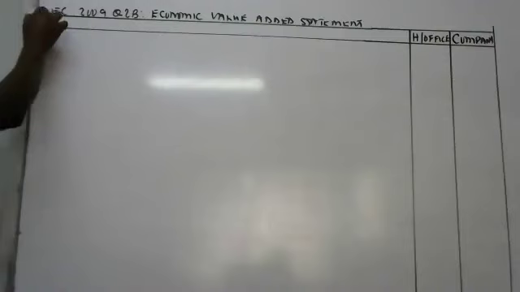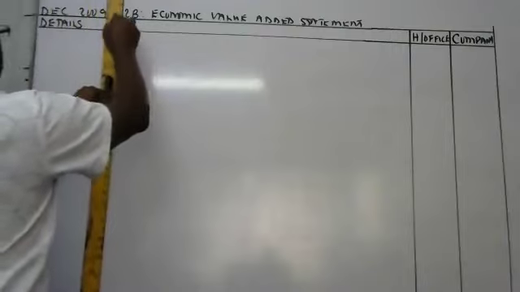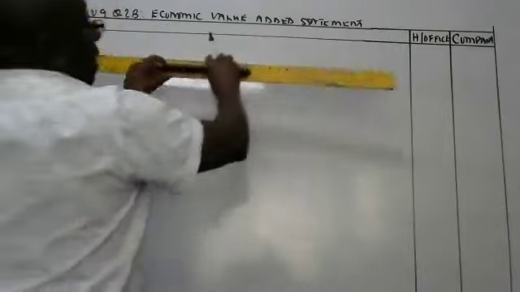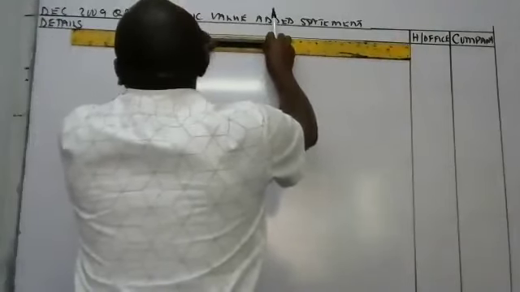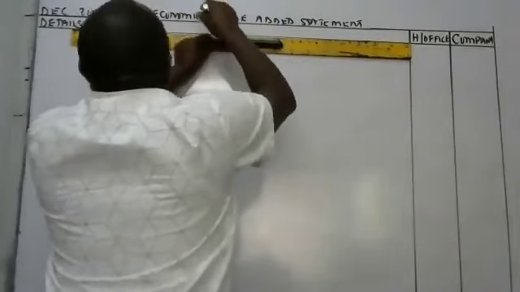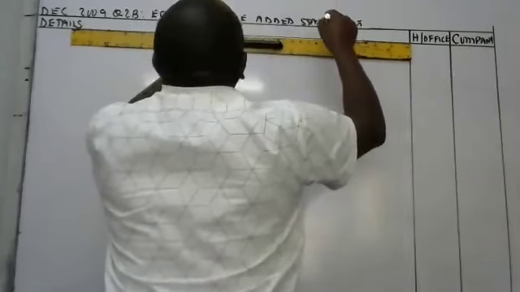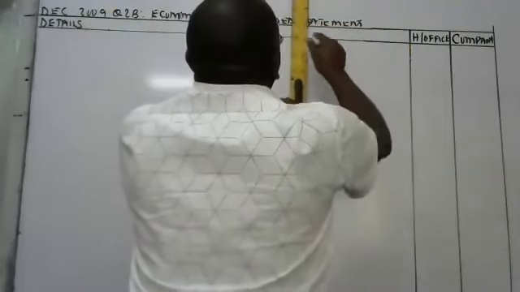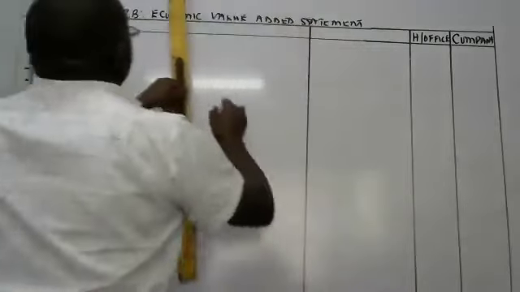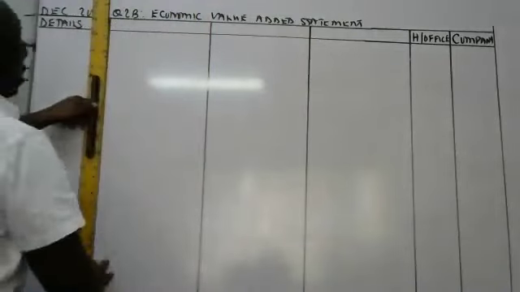Then the first one is called details. These three columns go a bit wide.